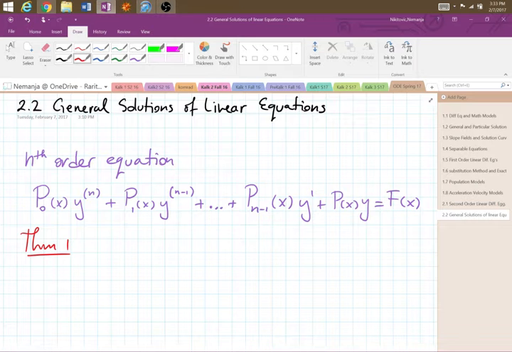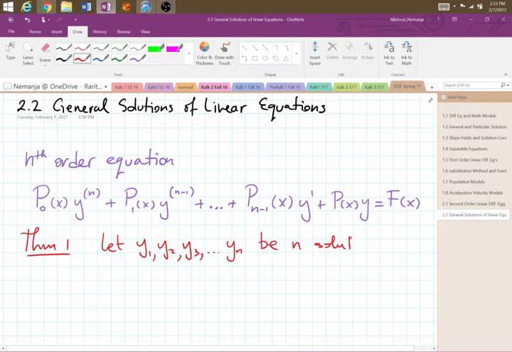All right, so let y1, y2, y3, all the way to yn be n solutions of the homogeneous linear ODE.